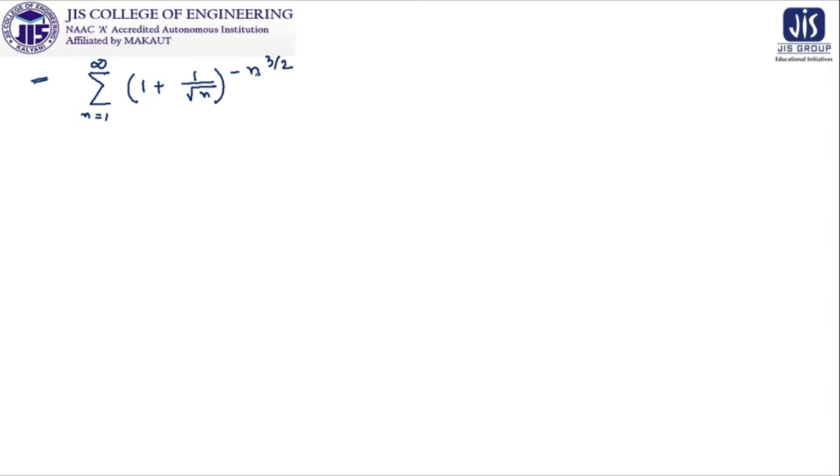It looks a bit complicated, but it is not at all, because when you see the power is raised to n, it is a clue that you may go for the root test.